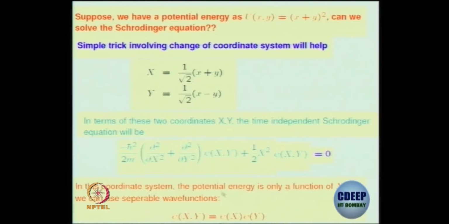In this coordinate, the potential energy is only a function of X, and we can use separable functions, psi of X and psi of Y, exactly like what you did in the 2-dimensional harmonic oscillator or 2-dimensional particle in a box. This is a standard one.